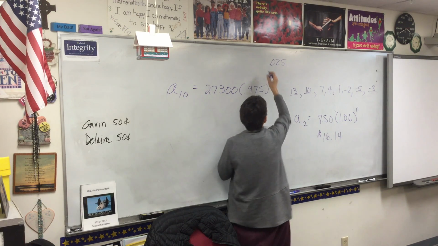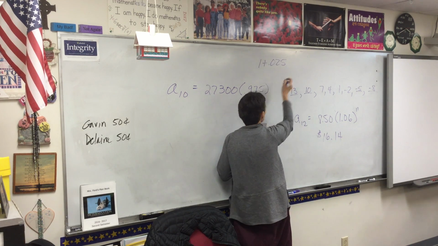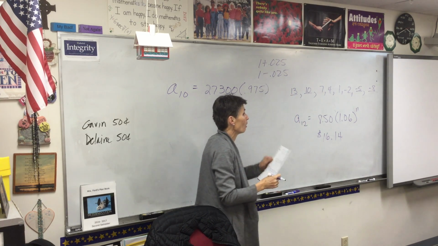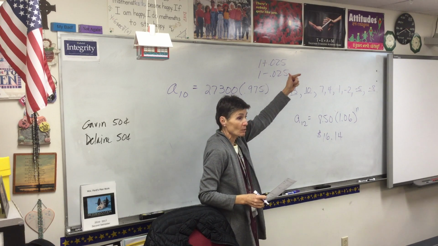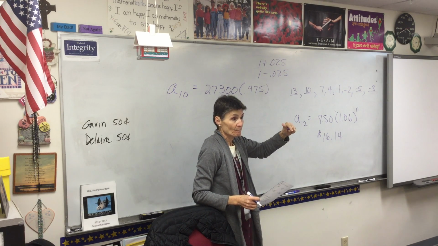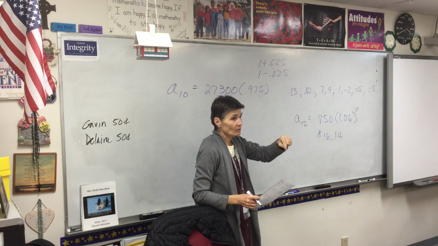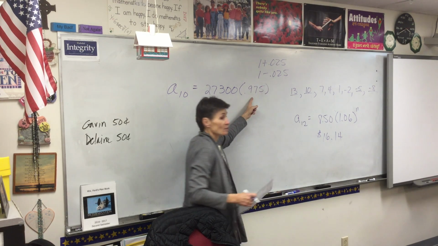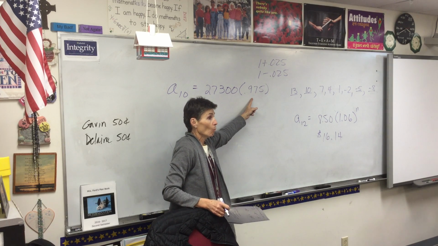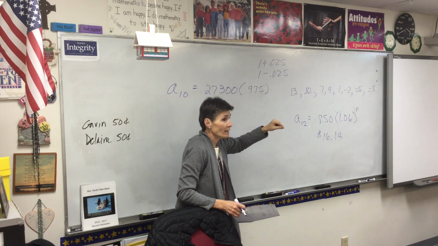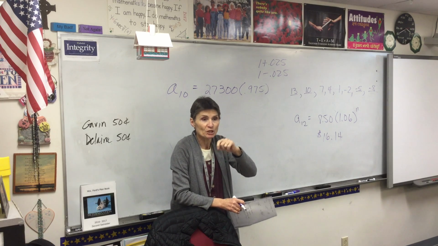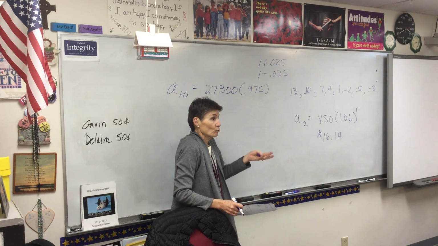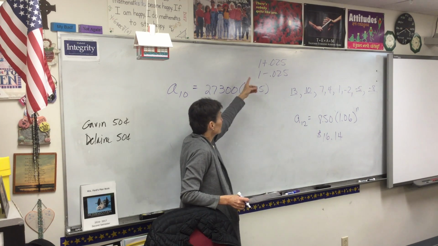We either multiply by 1 plus that number or 1 minus that number, depending on if we are increasing or decreasing. So you got a calculator. 1 minus 0.025 is 0.975. Why did I do the minus 1? Because this is a depreciate problem. If Gray's car were growing in value, I would add.